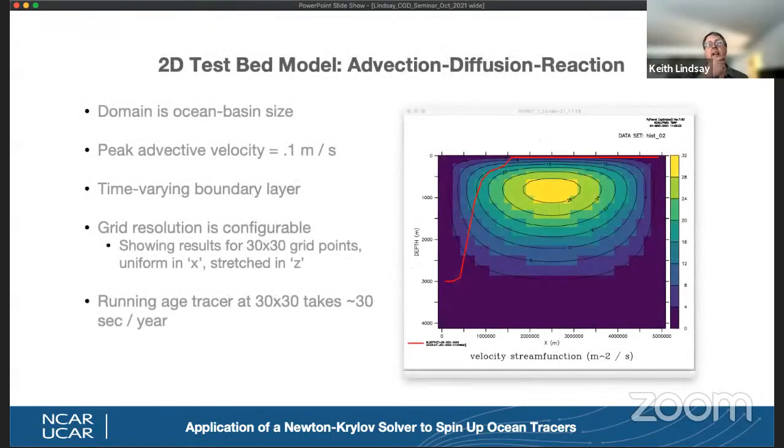This can also be applied to 2-dimensional configurations that are implemented with this simplified framework. Here I'm showing a stream function that represents a 2D test bed of advection, diffusion, reaction. So there's some circulation that the stream function is representing. This red line is showing a boundary layer depth at one end of the basin that can vary in time.